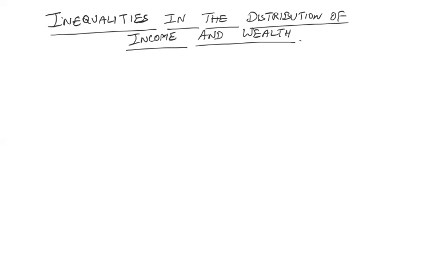Now, the only thing is, in India there is no official agency entrusted with the responsibility of evaluating or checking the inequalities in the country. Just like we have the Central Statistical Organization to measure the national income, there is no separate agency for calculating inequalities in income distribution.